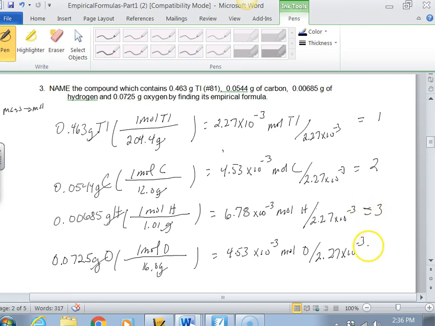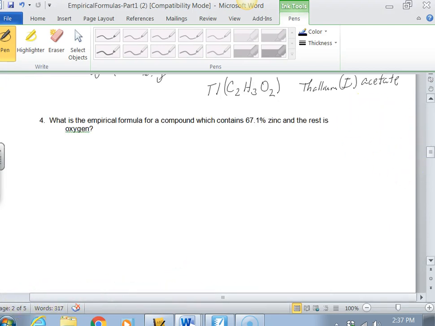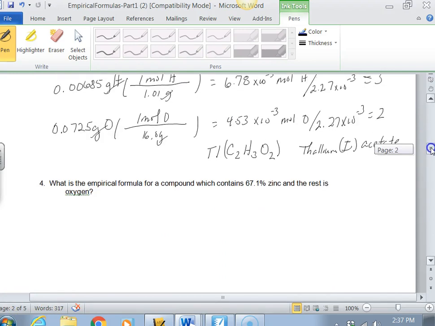And this is going to be 2 again. So our formula for this is going to be Tl C2H3O2. Okay, and you can probably recognize that this is acetate. So the final answer, thallium(I) acetate.